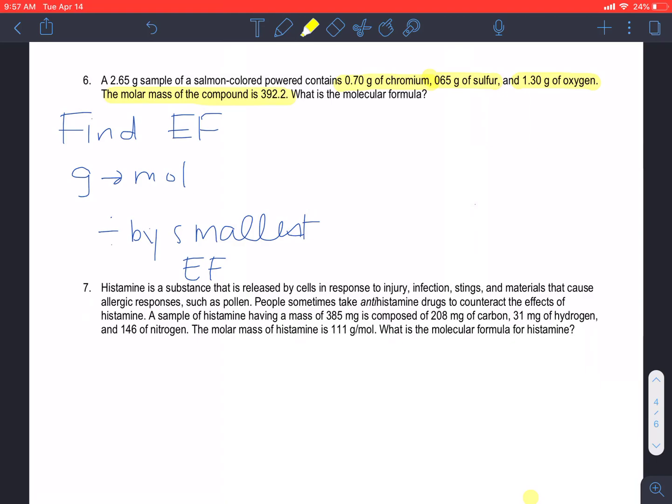On number 7, same type of problem. You have to find the empirical formula given the data. It says a sample of histamine having a mass of this is composed of 208 milligrams of carbon, 31 milligrams of hydrogen, and 146, that should be milligrams of nitrogen. FYI, the 385 is extra information.